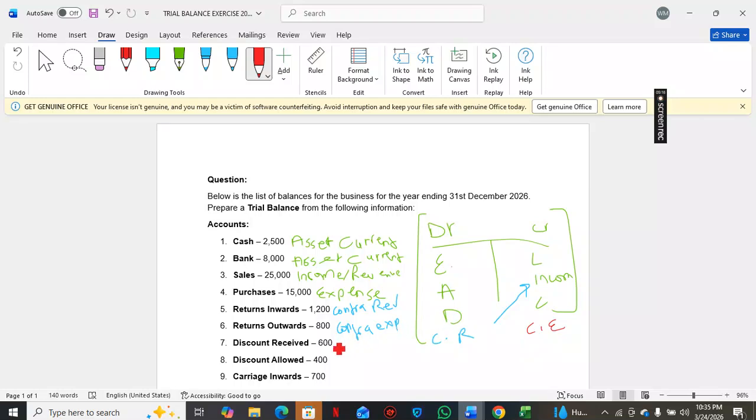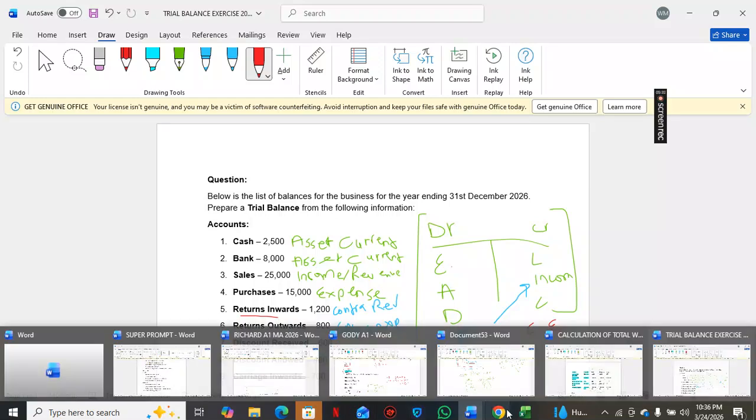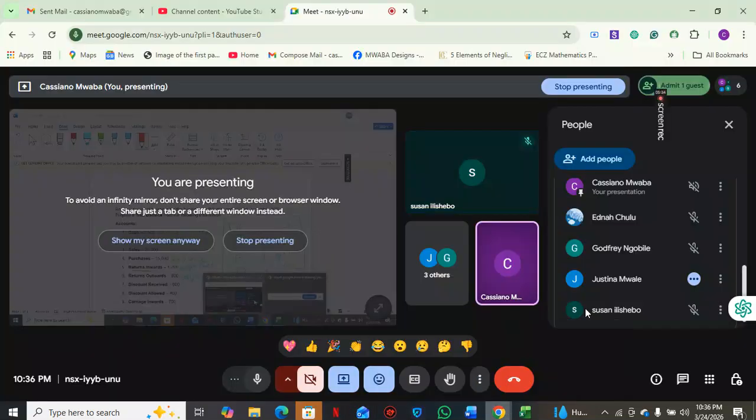Discount received. Oh, before we go there, I hope we remember what return inwards and return outwards are. Do we all remember, colleagues? Can someone remind the class what return inwards is and return outwards?